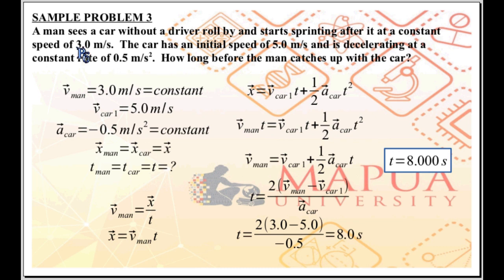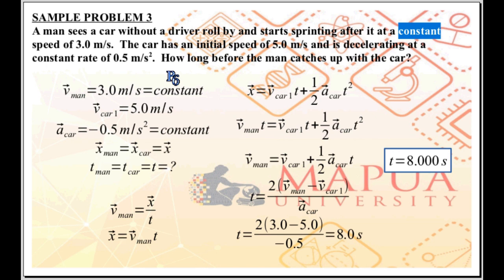So we have two objects, the man and the car. The man has a constant speed of 3 meters per second, constant speed, constant velocity. The problem does not provide any direction, so we are safe to assume the direction.